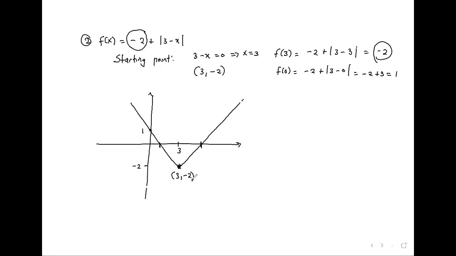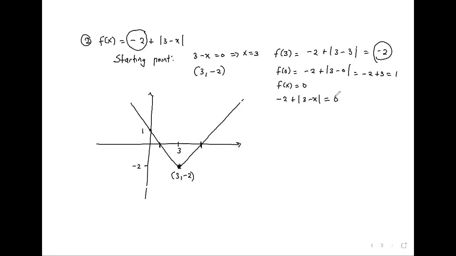For us to know these two values, the x-intercept, you equate the function f to 0. How do you equate? For you to equate this function to 0, you get the whole function, -2 plus the absolute value of 3 minus x is equal to 0.